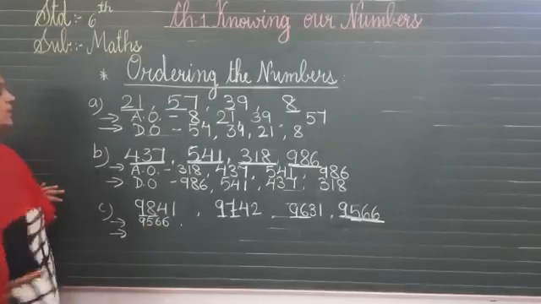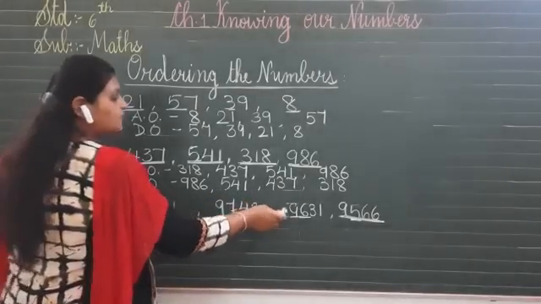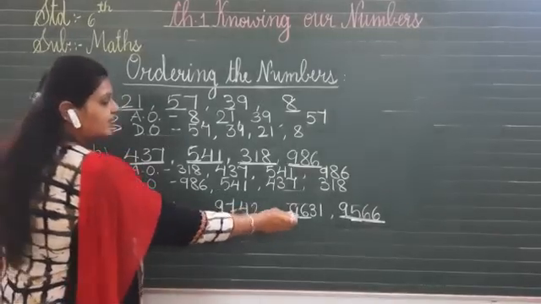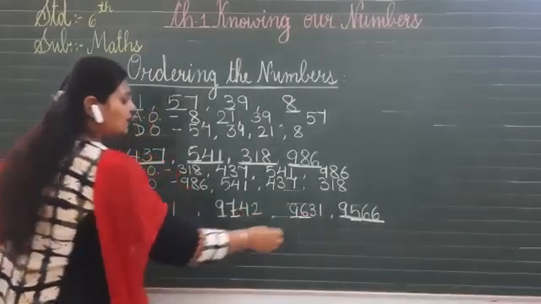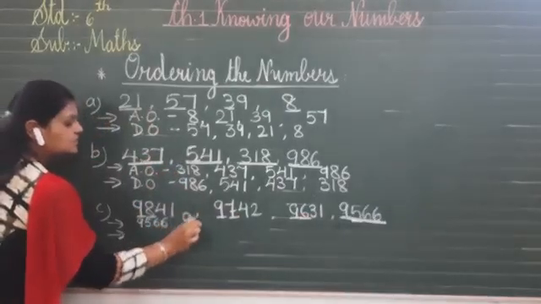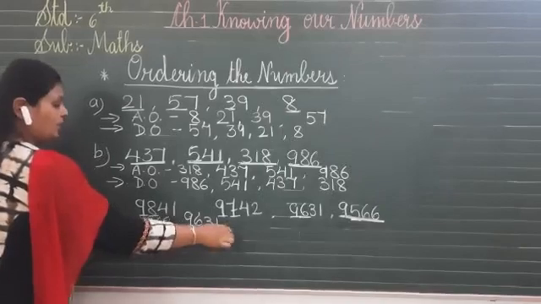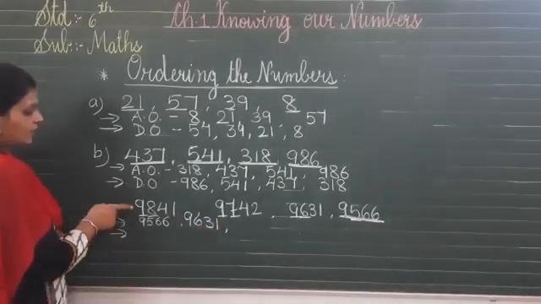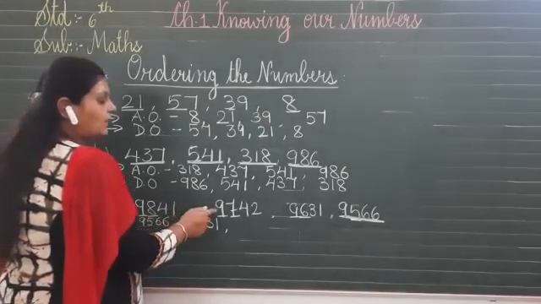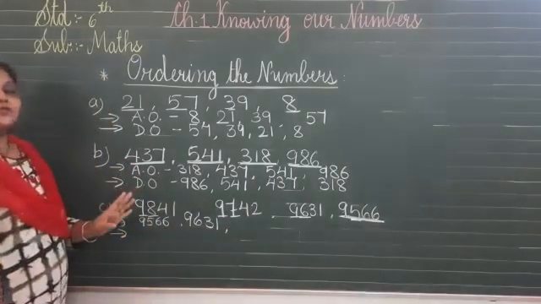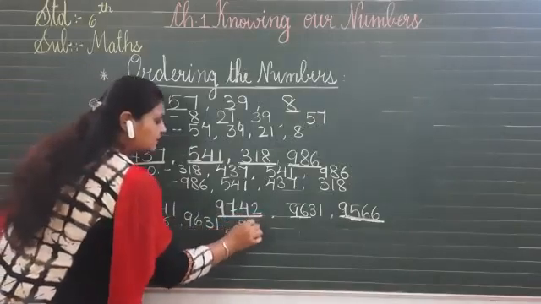9566. Then I will compare the remaining numbers. Out of those, the second place smaller is 9631. So 9631. Now the remaining numbers are 9841 and 9742. Out of these, 9742 is smaller.